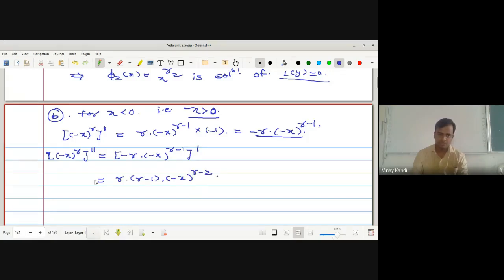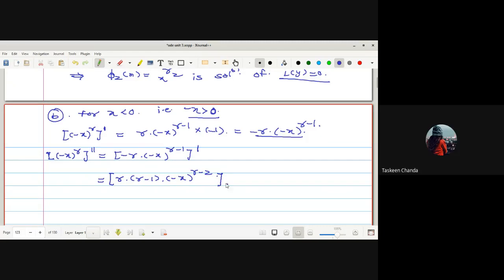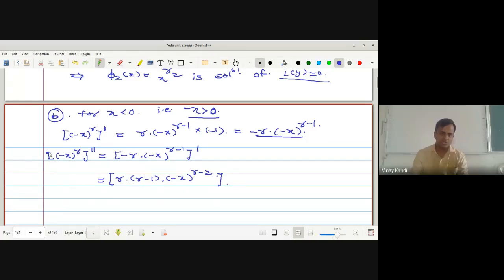Okay, is it correct? Minus minus plus value. So this is the minus x raised to r double dash.